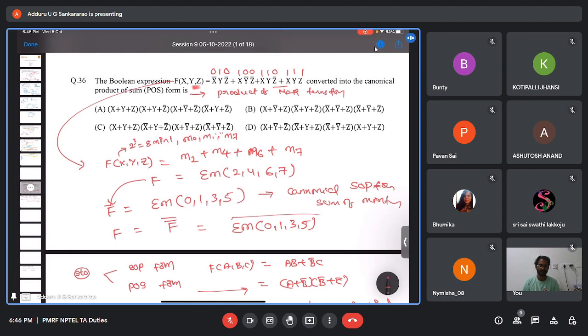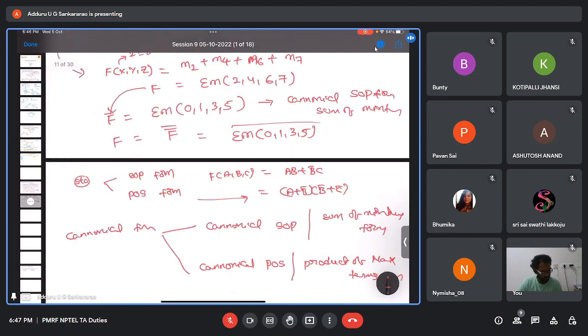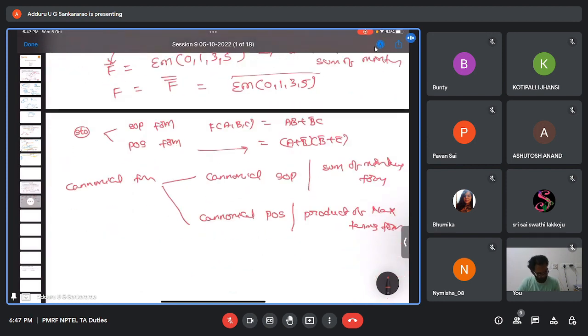So for these kind of conversions, from F in sum of minterms form, you find out F bar, then you take F bar whole bar. So F is F bar whole bar, which is sigma m 0 1 3 5 whole complement.